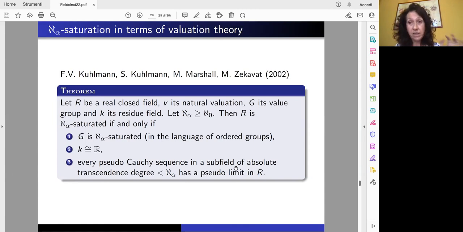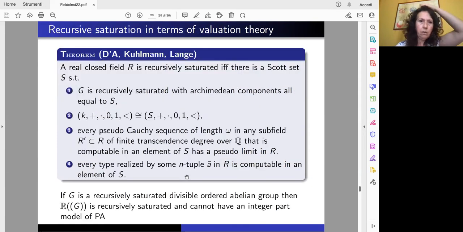So this is needed only in Aleph-0 saturation. Okay, this property for recursive saturation comes to this four-part equivalence for recursive saturation.